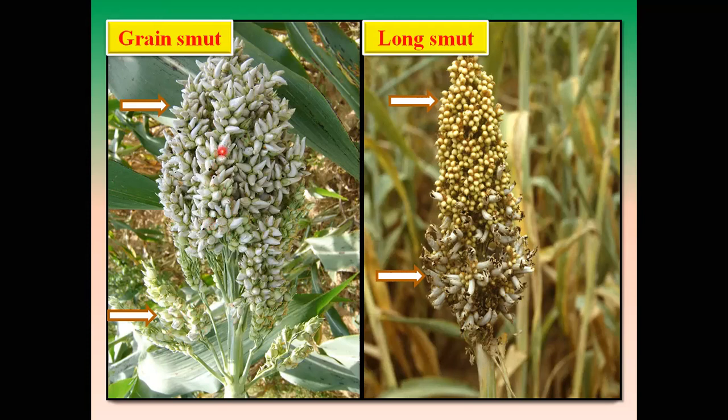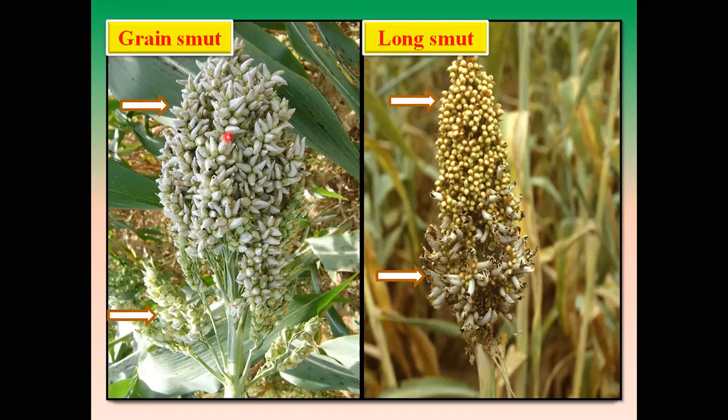These infected grains are generally tough, and the smut spores remain unbroken until threshing operations, or they are broken by mechanical pressure, releasing the black spore mass.